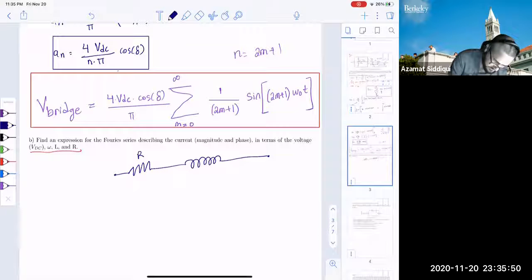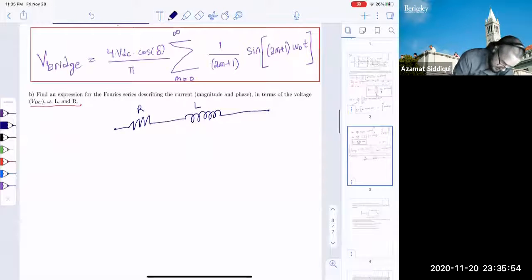Let's find the equivalent, which is R, and the impedance for an inductor is j omega naught L.